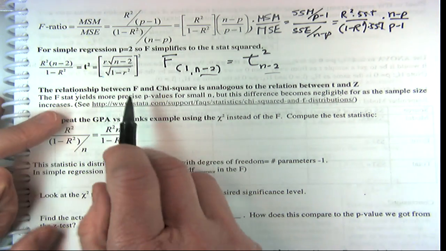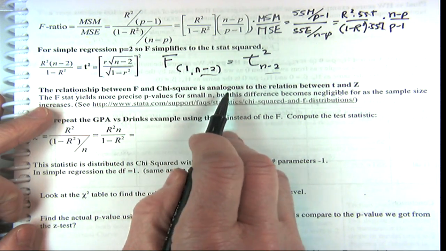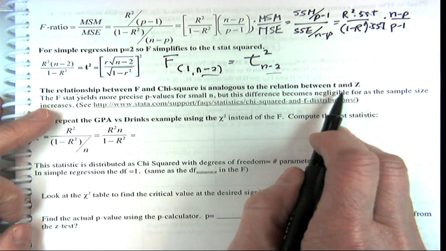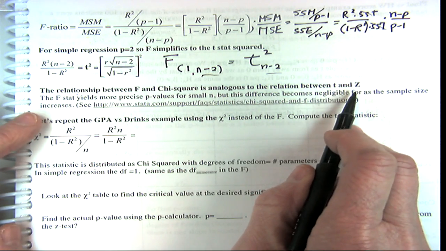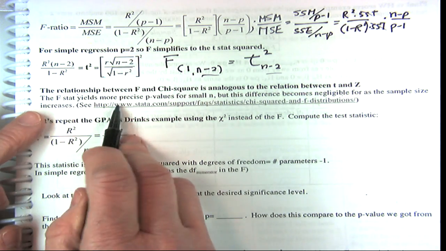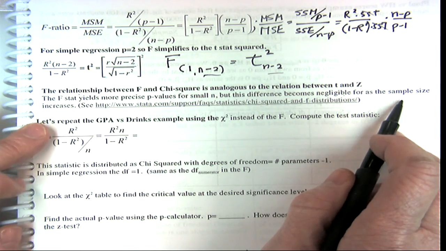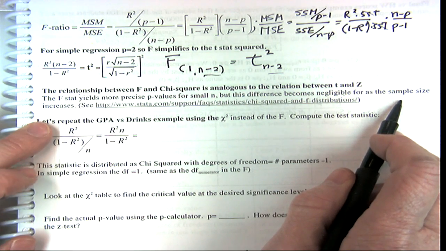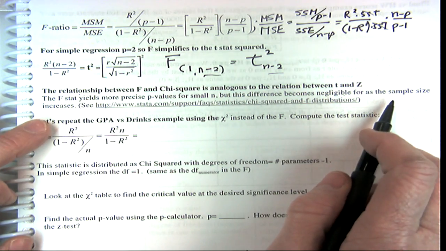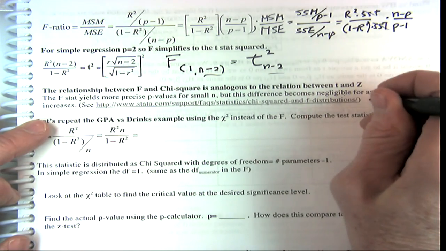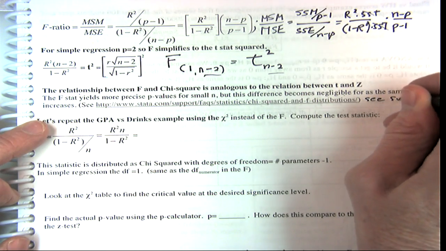And here what I'm saying is the relationship between F and chi-squared is analogous to the relationship between t and z. The F-stat yields more precise p-values for small n, but this difference becomes negligible as the sample size increases. You can look at this site. You could also look at, let's see, summary.